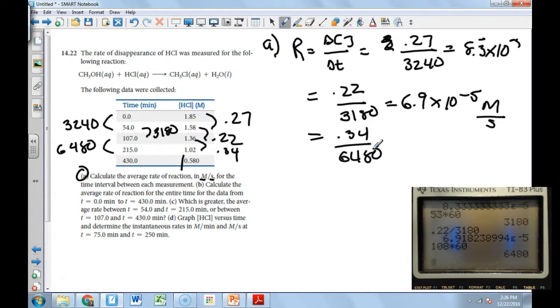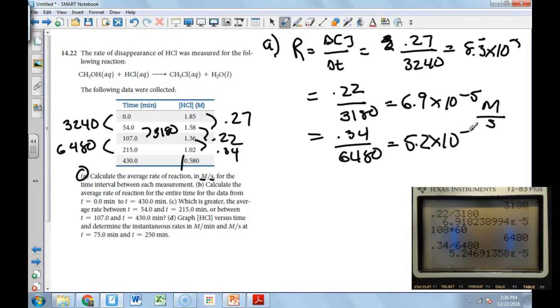So 0.34 divided by 6480 is equal to 5.2 times 10 to the minus 5, again molar per second. And this pattern stands to reason because as the reactants are used up, the rate at which they're used up will change over time.